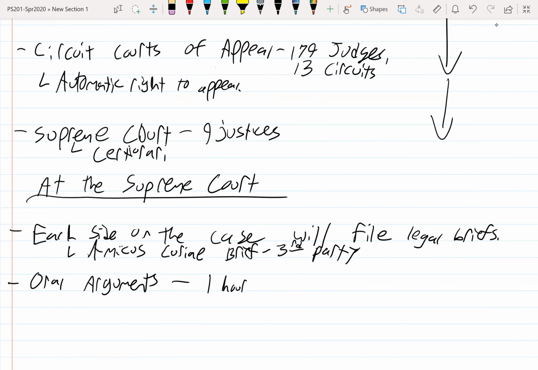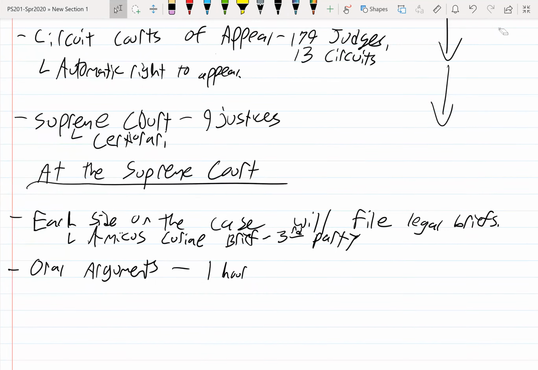Usually when you get to the actual courthouse, it's going to be rare that someone will make an argument in the 30 minutes that they have that's going to sway these justices one way or another. So the oral arguments happen, but I think many would say they're more or less a formality, and that the legal briefs and each justice's own perspective matter more than the actual oral argument. But they will happen.